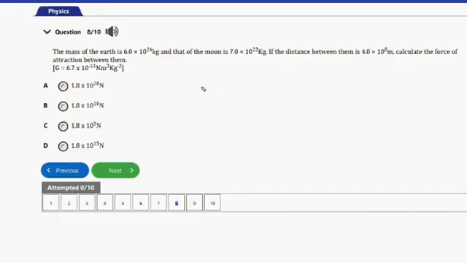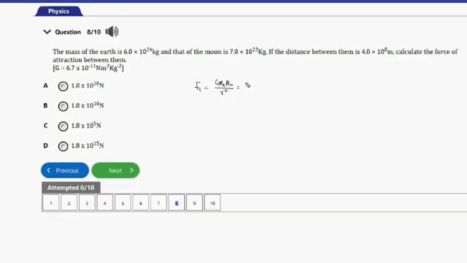So guys, the force of attraction between them, which is the gravitational force Fg, is going to be G into M1, or in this case, let's say ME times MM, that's the mass of Earth times mass of Moon, then over R squared, which is the square of the distance between them.